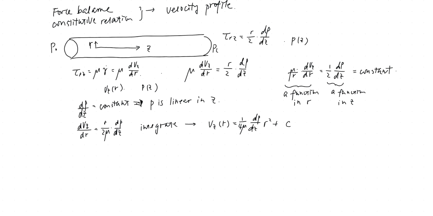C is a constant of integration. You will determine the constant of integration in this context by the boundary condition. Because it's a spatial derivative, dv dr, so it's a derivative with respect to r, you need a boundary condition.